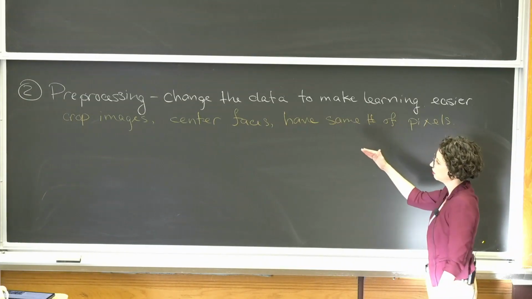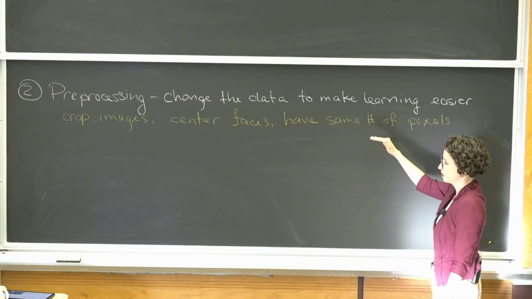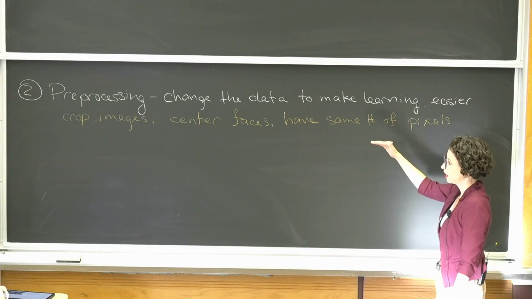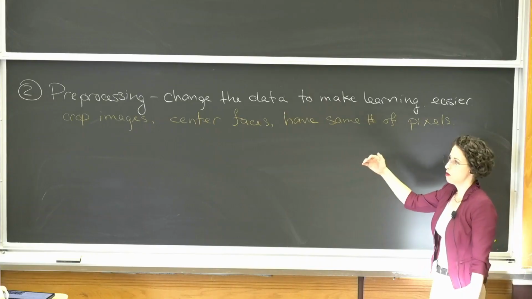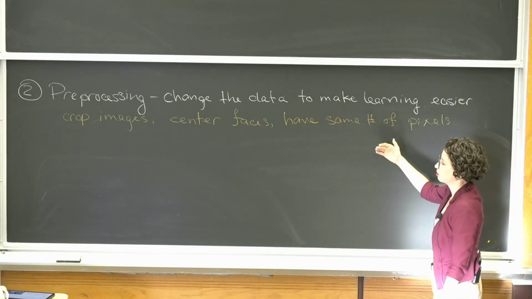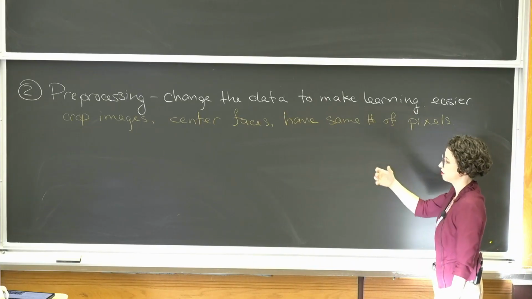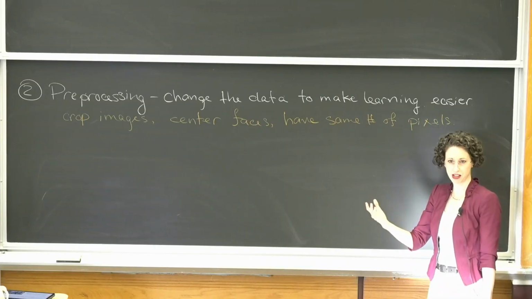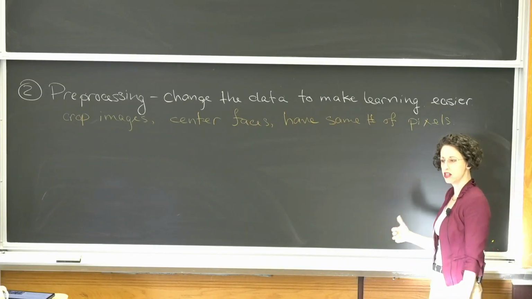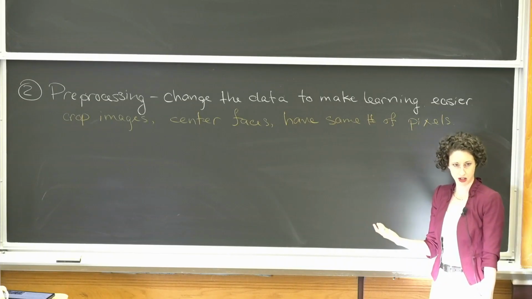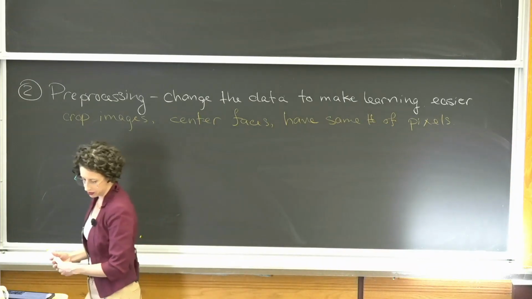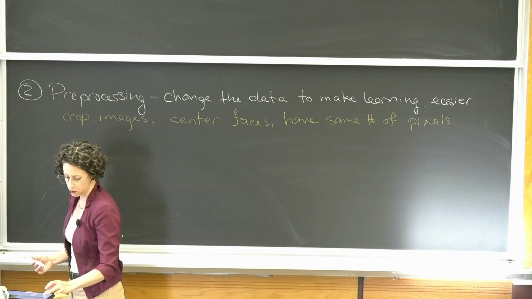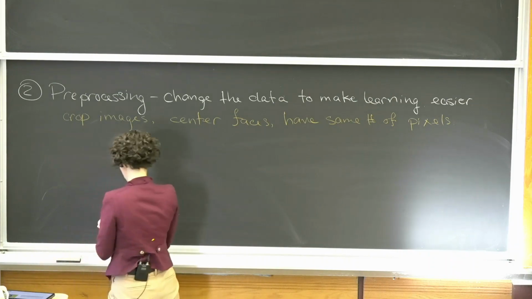So you can see how these operations are not really going to affect whether or not the face is smiling or not, but they can make it easier to perform learning. So for instance, if the mouth is in the same part of the image in every single image, then that's just one less source of variation for us to worry about. So this is a very common task for most data sets.